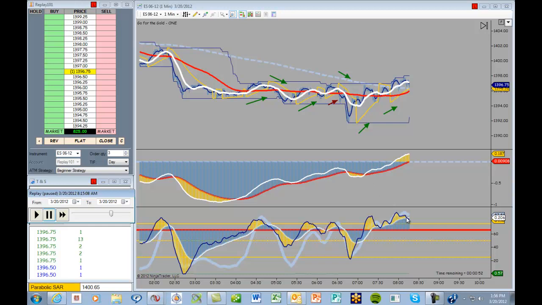Okay, notice we've got a crossover here on our MACD, our short-term MACD, and the stochastic is hooking over. So let's keep an eye on that.